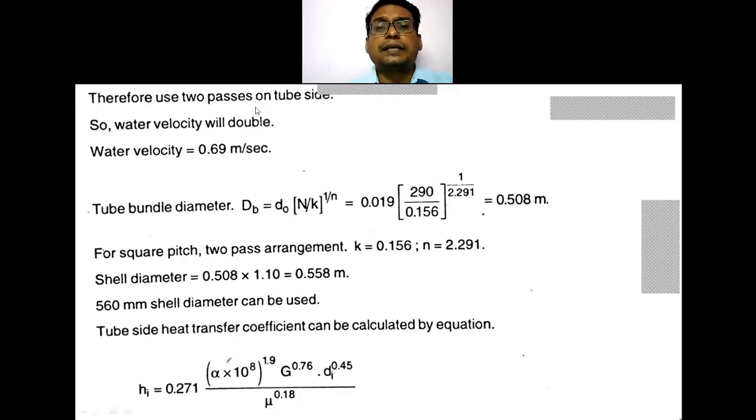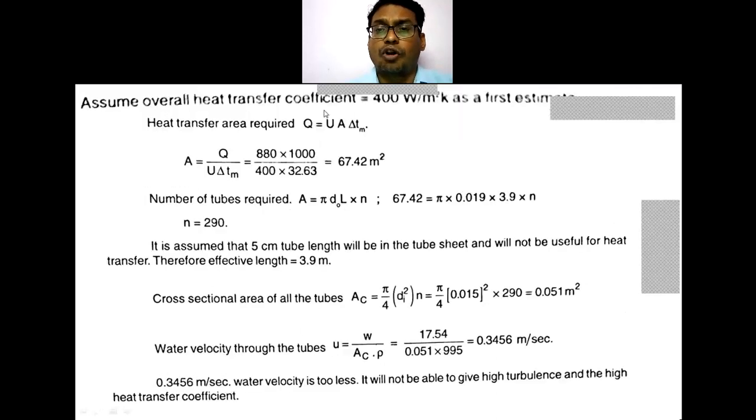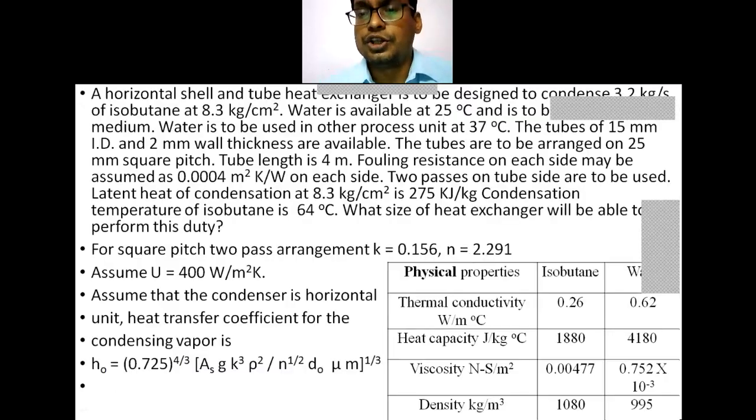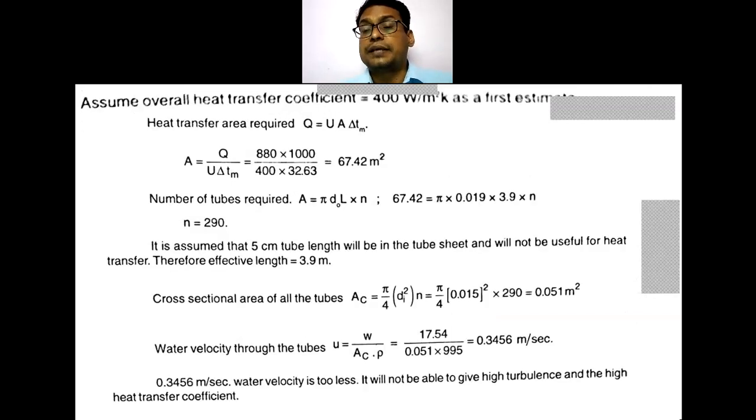So use two passes on the tube side. However, in this numerical it is already mentioned that two passes on the tube side are to be used. But why are two passes to be used? It is because of the lower velocity we are using the two passes.